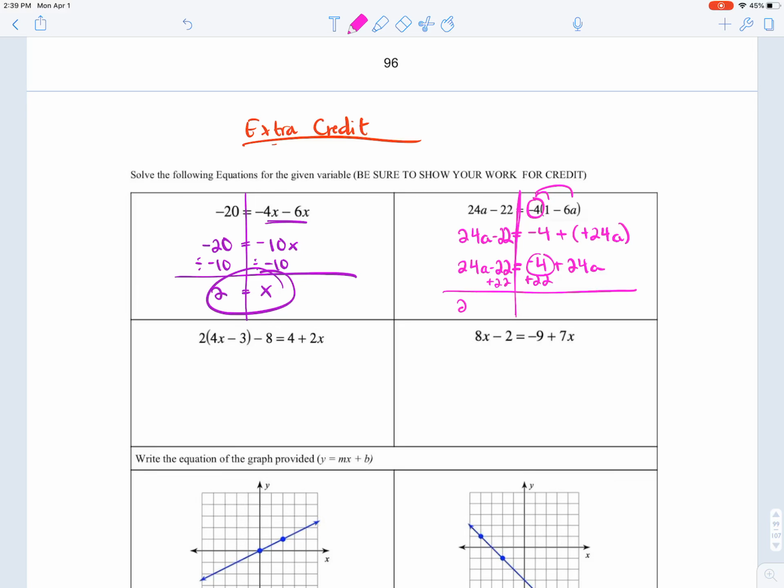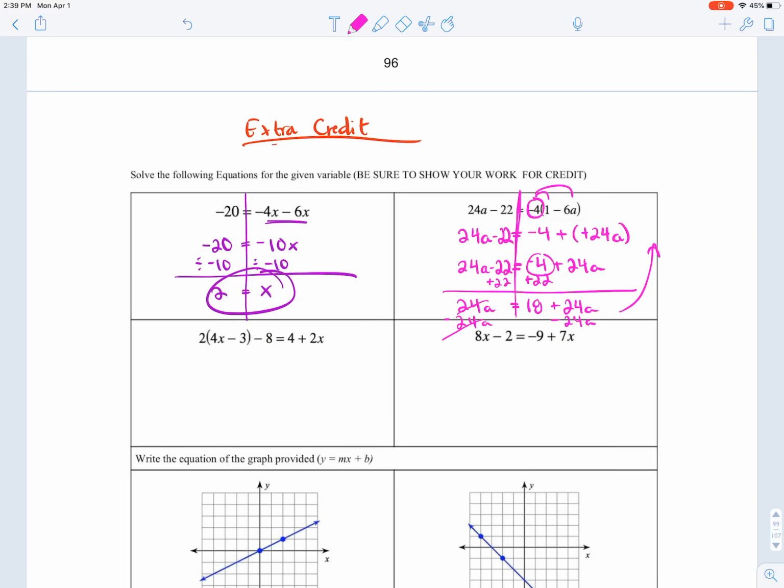So now I have 24a is equal to, well, 22 plus negative 4 is going to be 18, and then I have 18 plus 24a. Now remember, we need to get our variables to one side, so I'm going to subtract 24a from the right side and subtract 24a from the left side.